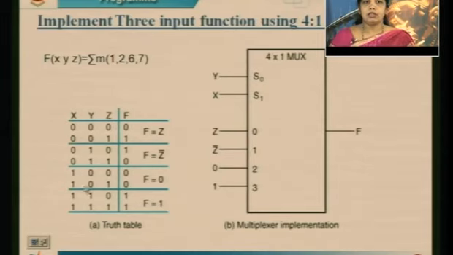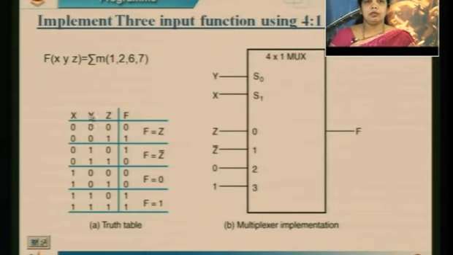You can just see this horizontal line. Since I am making x and y the selection lines, you can see over here 0 0, 0 0 represents a single selection line. Since both are equal, I can make this a single term. 0 1, 0 1, I can make this one combination, 1 0 another, and 1 1 as another combination. So out of these 8 combinations, I have made 4 combinations by taking into consideration the 2 common variables.